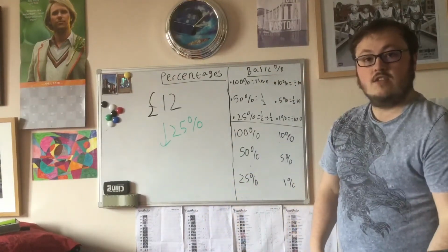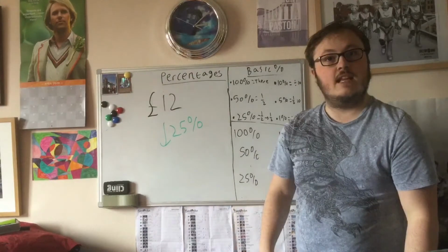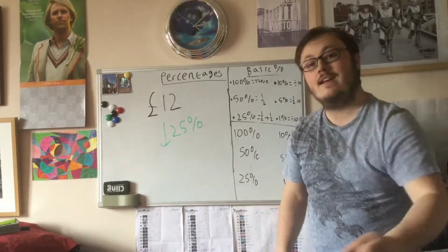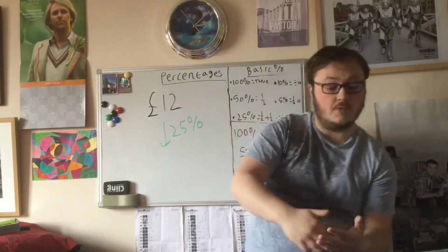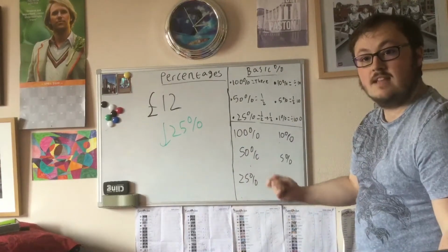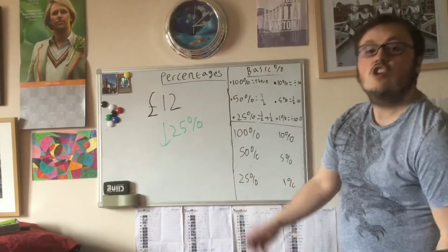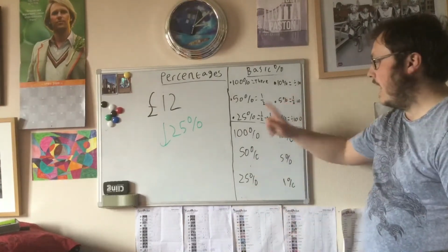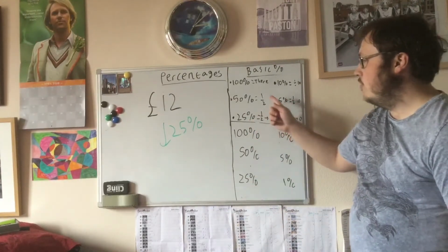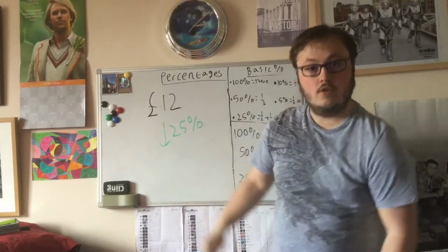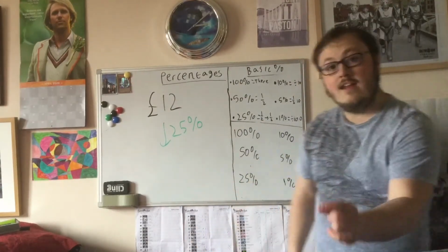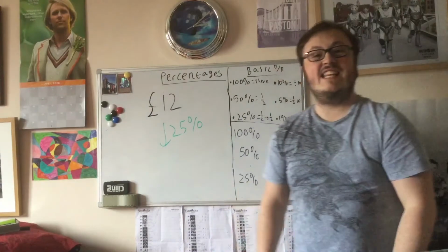Well, all we have to do is figure out what 25% is and subtract that from 12, because it's reduced. So let's look at our basic percentages. 25% is a basic percentage, so that's all we have to do. How do we find 25%? Well, you halve your 12 and then you halve it again.